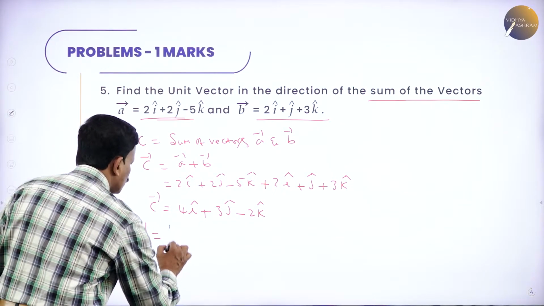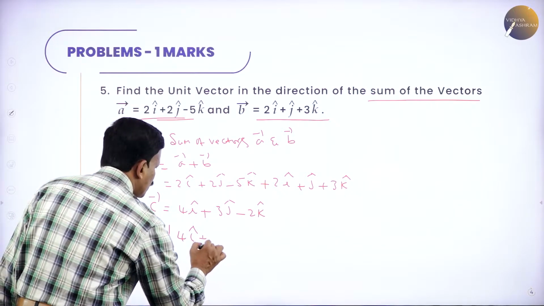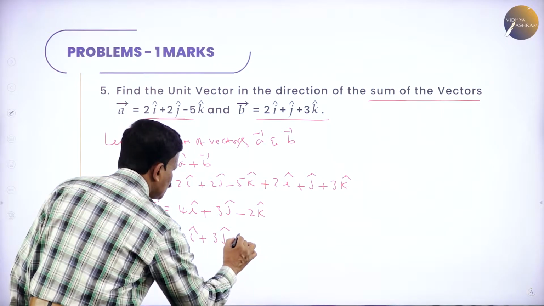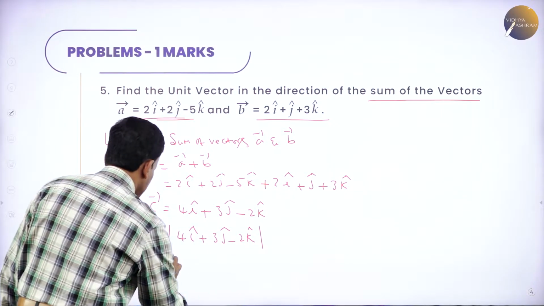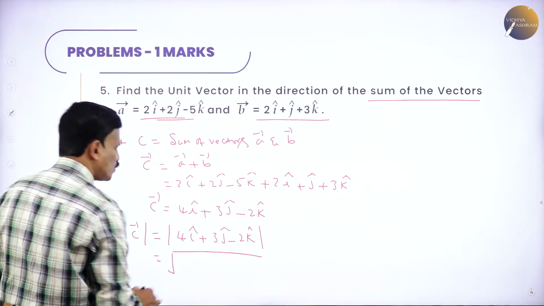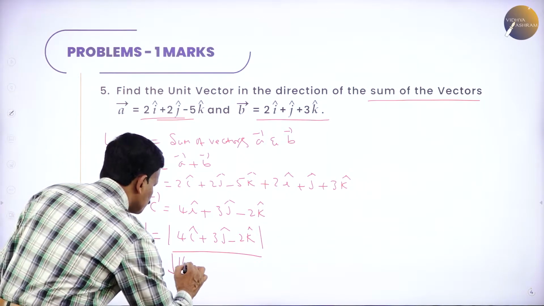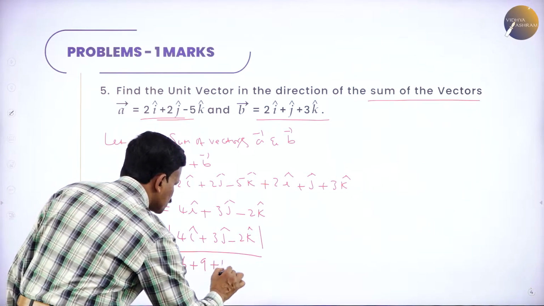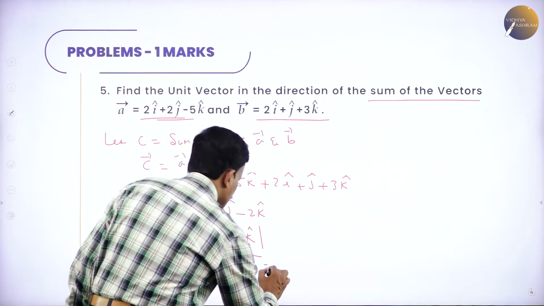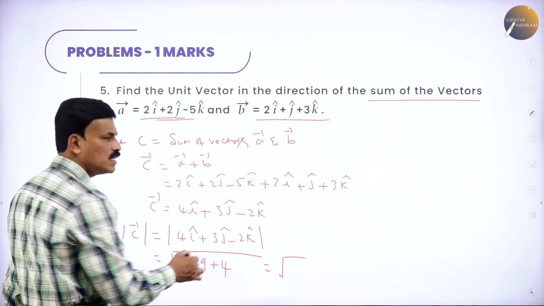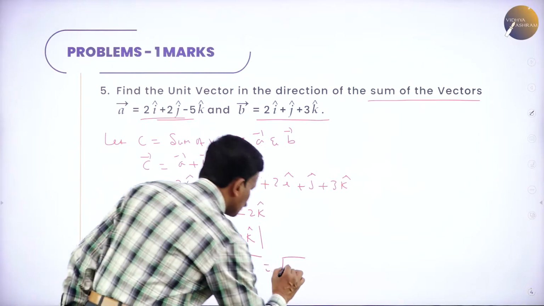Now find out the length of this. Length of C is equal to the magnitude of 4i plus 3j minus 2k. This is equal to the square root of 4 4s are 16, 3 3s are 9, plus 2 2s are 4. So this is equal to the square root of 16 plus 4 is 20, plus 9 is 29.